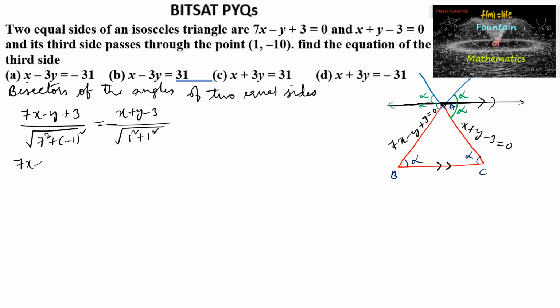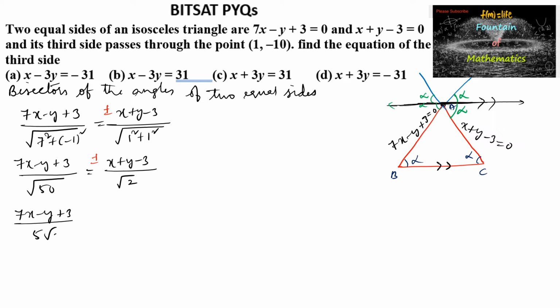So we get (7x minus y plus 3) upon under root of 49 plus 1, root 50, is equal to plus or minus (x plus y minus 3) upon root 2. So root 50 we can write as root 25 times 2, that is 5 root 2. So (7x minus y plus 3) upon 5 root 2 is equal to plus or minus (x plus y minus 3) upon root 2.